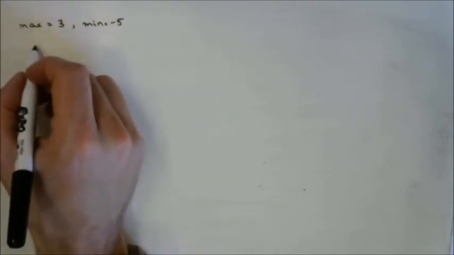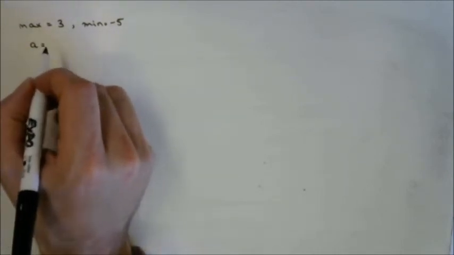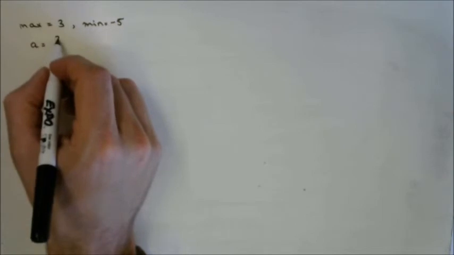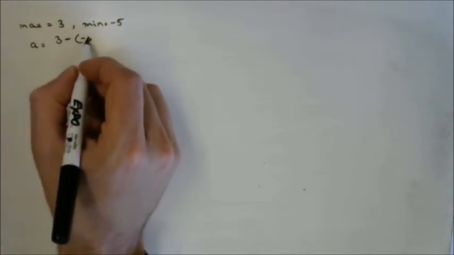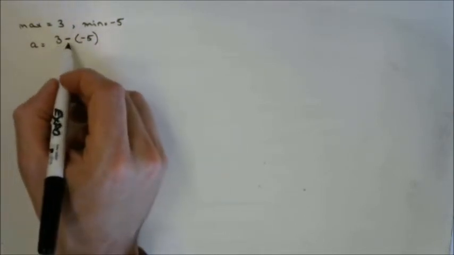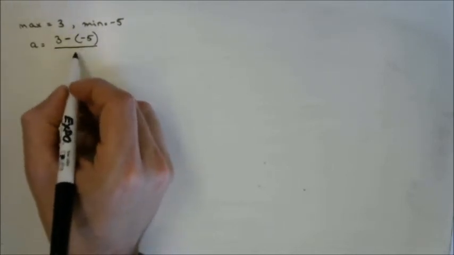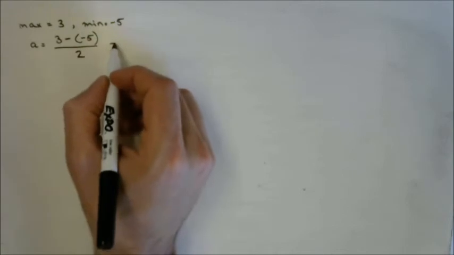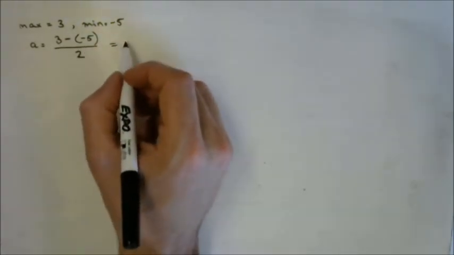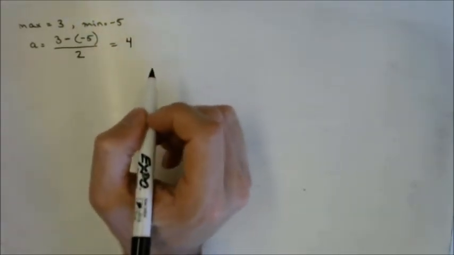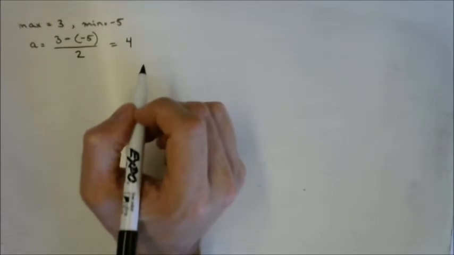So in order to find the amplitude, we take the max and subtract the min. So you've got 3 minus -5, and divide it by 2. 3 plus 5 is 8, divided by 2 is 4. So A is 4.